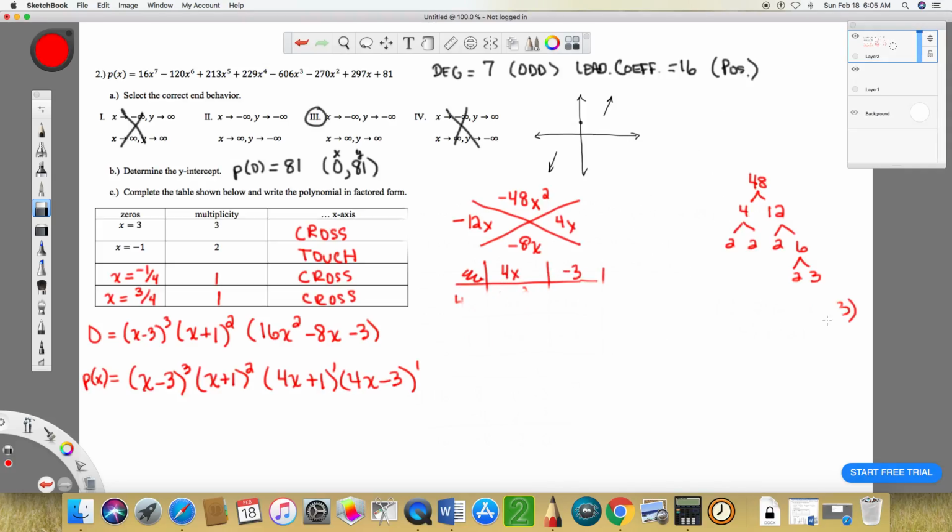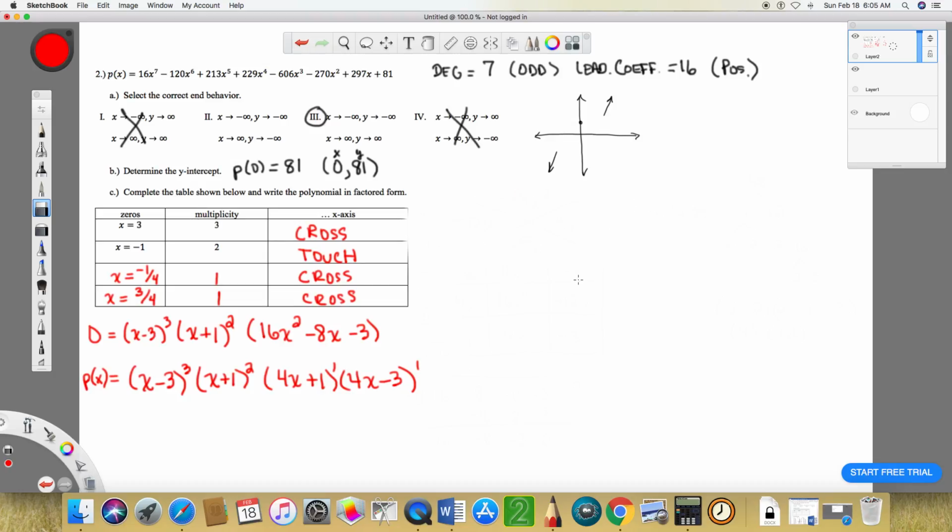So I'm going to erase this stuff because we don't need it anymore. All right. So let's sketch our graph over here. So our y-intercept is way up here at 81.